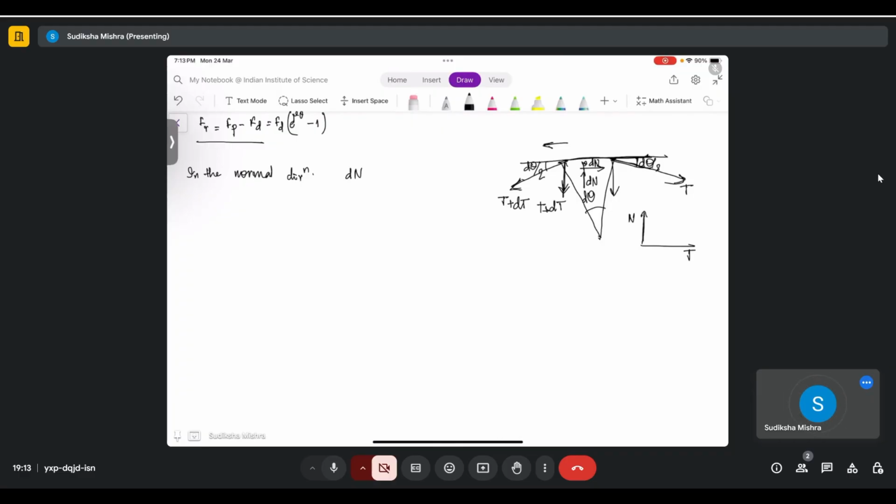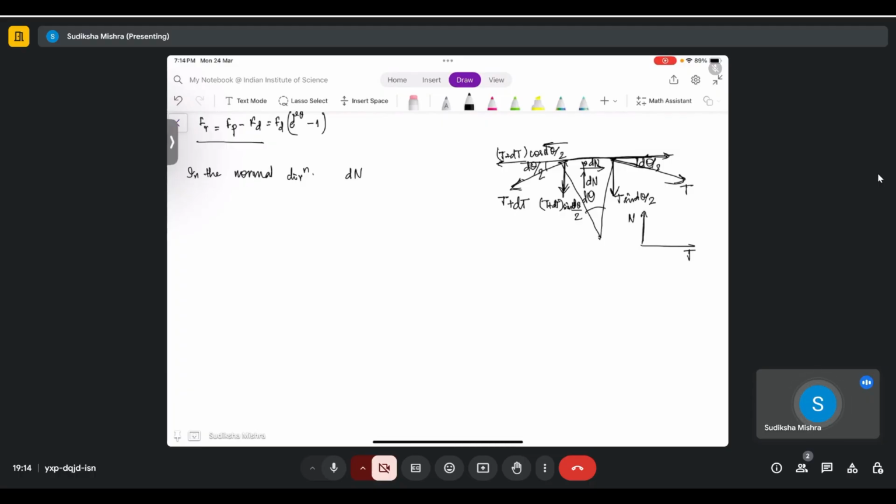So this will be T plus dT sine d theta by 2, and this will be T plus dT cos d theta by 2.